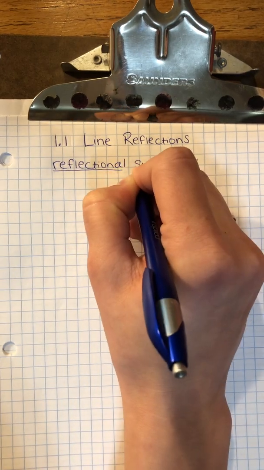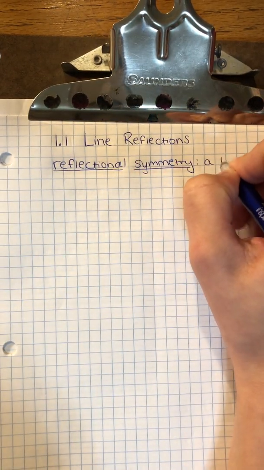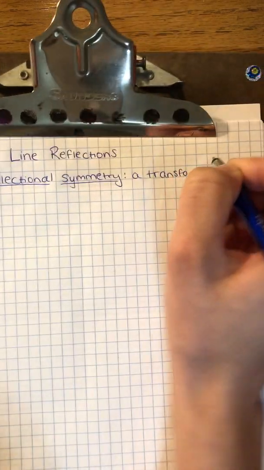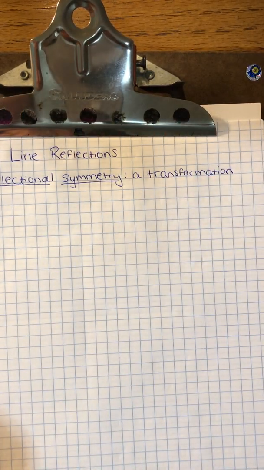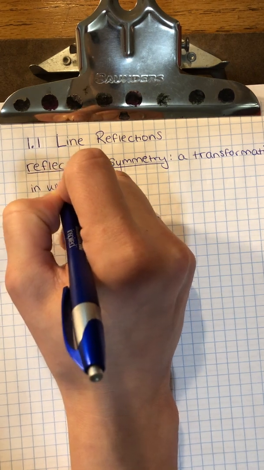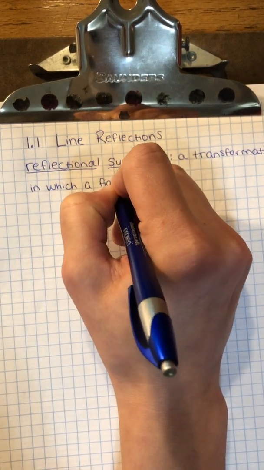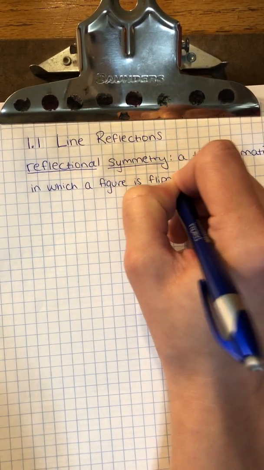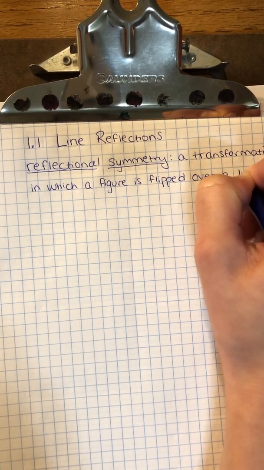This is a geometric transformation in which a figure or shape is flipped over a line.